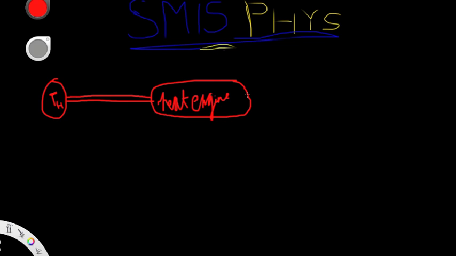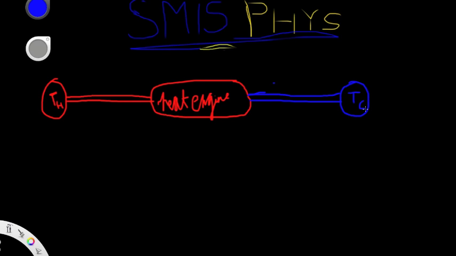Which is thus connected to the cold side. And then this would be the cold temperature reservoir.